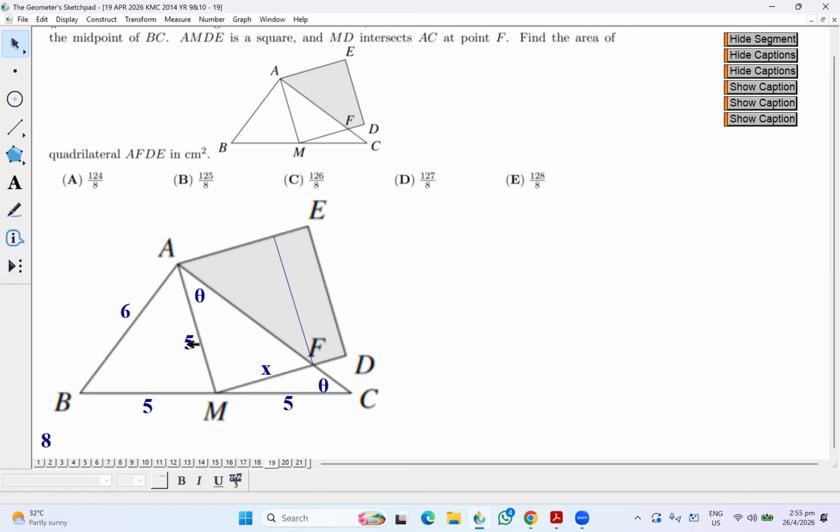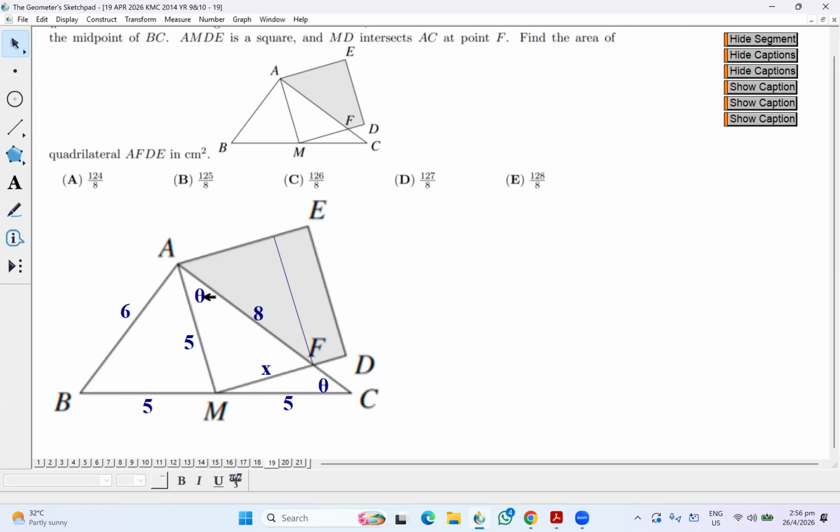Because it's a circle, important to know it is a semicircle. So the radius gives two equal angles, theta, theta. It's an isosceles triangle. Then using this theta, tangent theta is 6/8, opposite over adjacent.